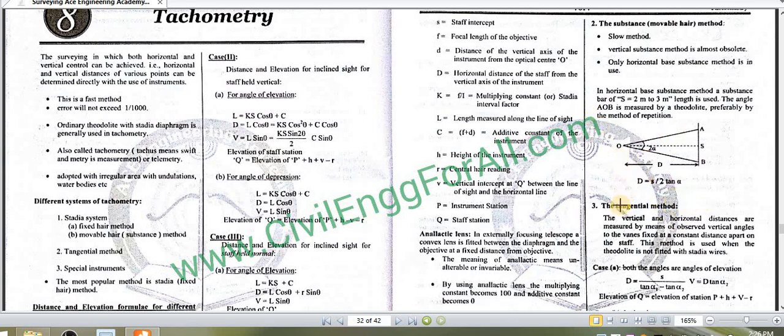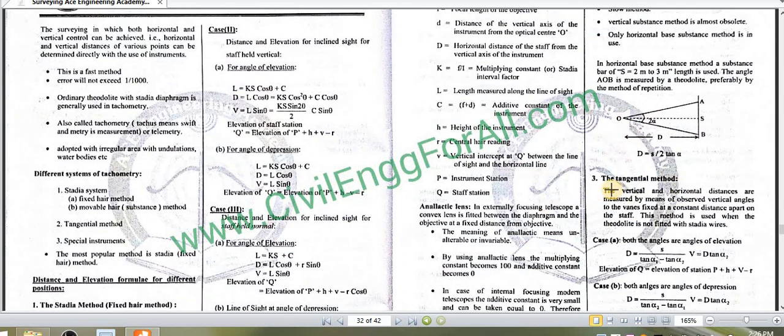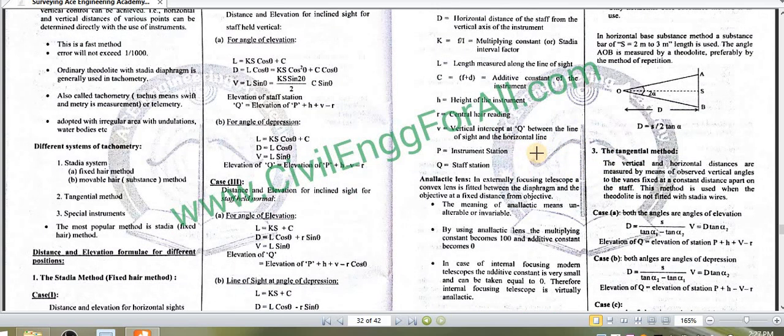Now the next method is the tangential method. This is also very similar to the fixed hair method, but in this case you have to use a theodolite. A normal theodolite can also be used; there is no need to provide an analytical lens, or any diaphragm having top, central and bottom hair.